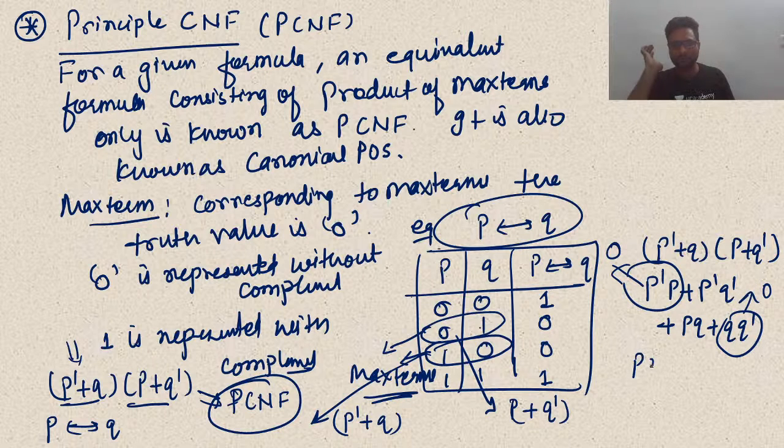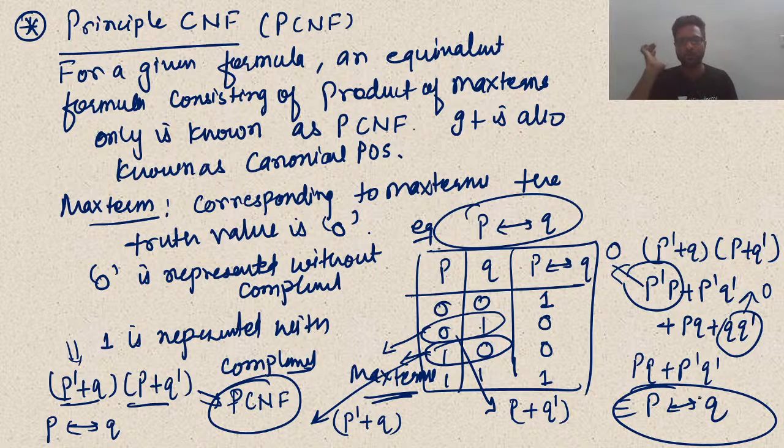The remaining will be PQ plus P dash Q dash, which is equivalent to P biconditional Q. So max terms are used to represent any function in principal conjunctive normal form. Similarly, min terms are used to represent a given function in PDNF, that is principal disjunctive normal form. Is that clear to everyone or not?